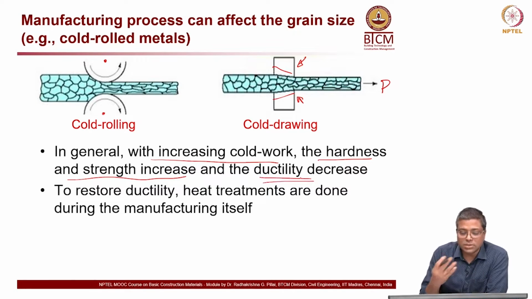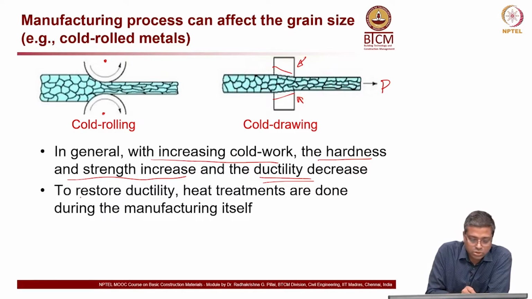So hardness and strength increase, which is probably a good property which you want, depending on the case, but decreasing ductility is usually not a good idea, because then it becomes a brittle material, and brittle material will have catastrophic failure in nature, which we don't want. So we want to maintain the ductility or increase the lost ductility.